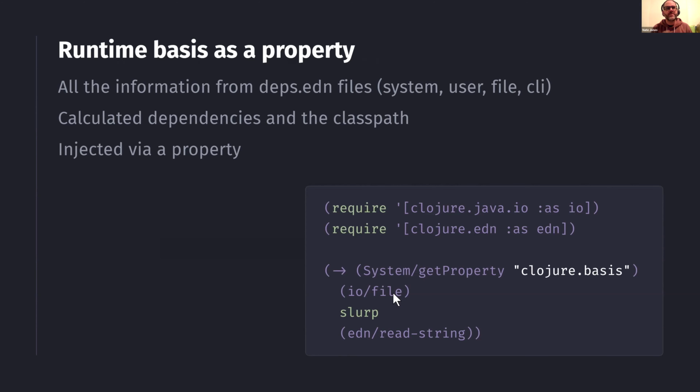There's a bunch of information that is just there and would be useful. And so it's actually now available as a system property. It's clojure.basis. If you just get that property, it's a file path, and you load it up, it's just a huge wealth of information that you can use in your REPL.